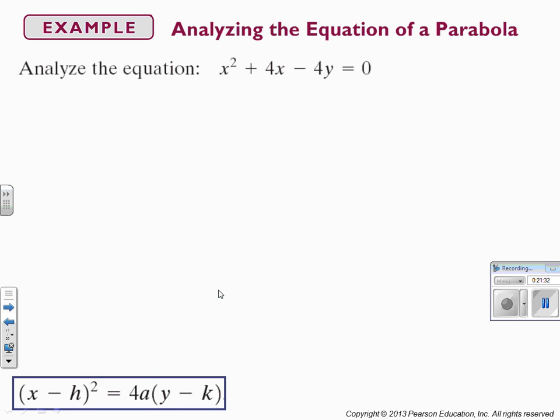All right, so let's check out this parabola equation, x squared plus 4x minus 4y. We know that because the squared term is with the x, we pull our equation x minus h squared equals 4a times y minus k.